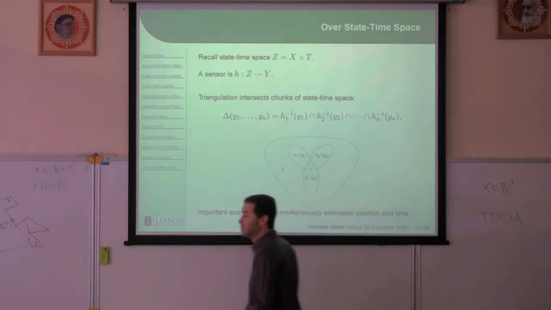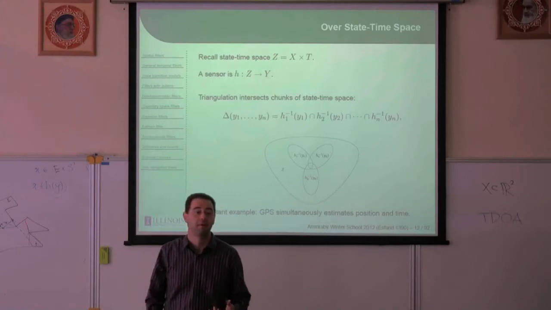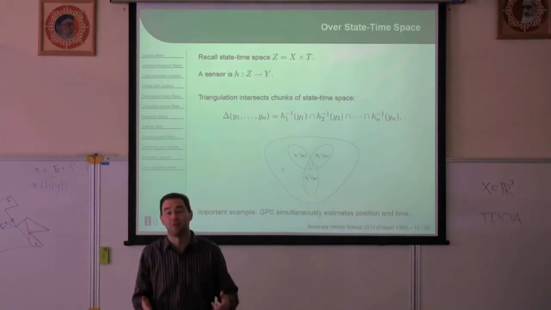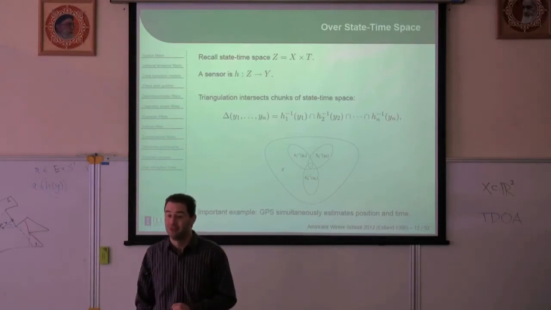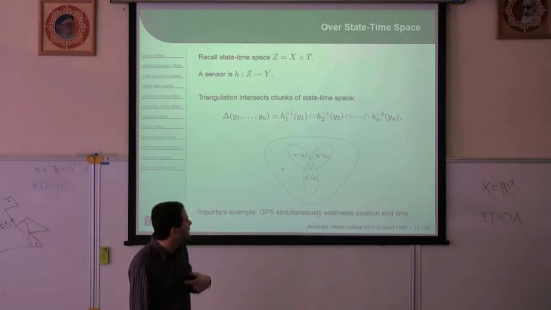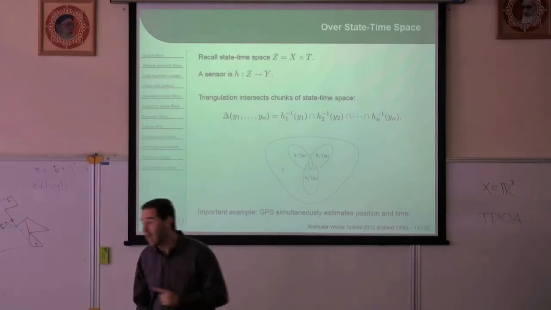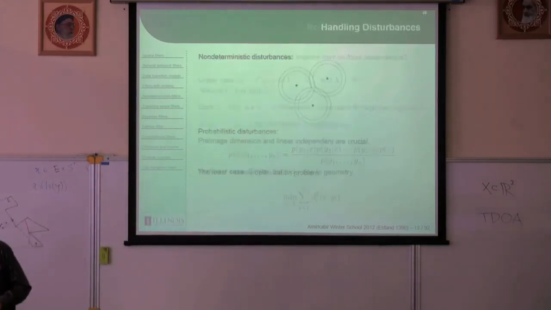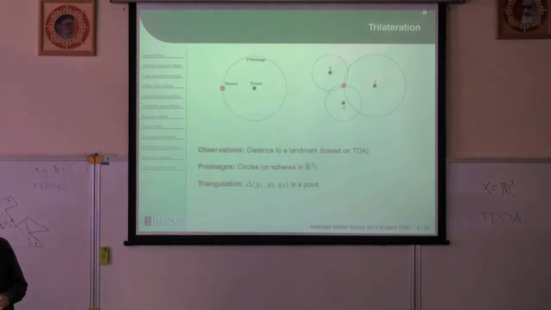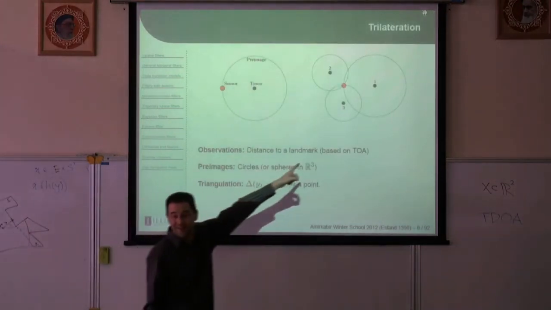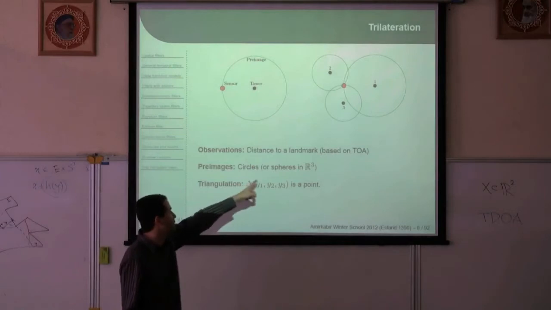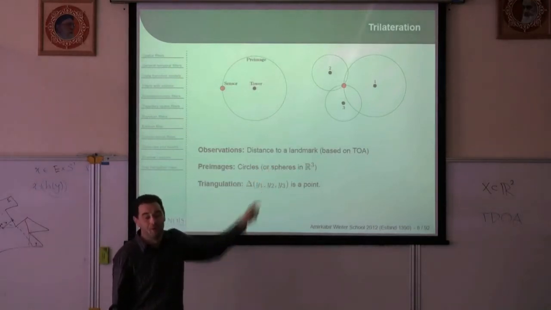So what they're doing is they're simultaneously estimating the time and position all together at once. How do they do that? They do that by intersecting even more pre-images. And usually people know that the minimum number of satellites that you need for GPS to work is 4. I used to believe that it was 4 because I thought, well, here I need 3, right? And when I intersect spheres, I'm going to need 4, right?